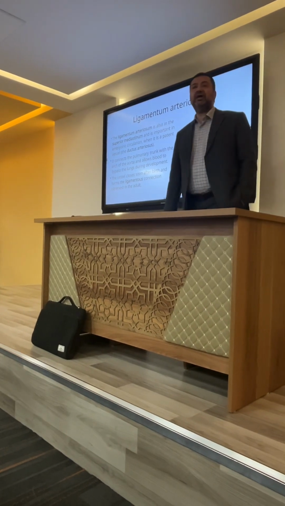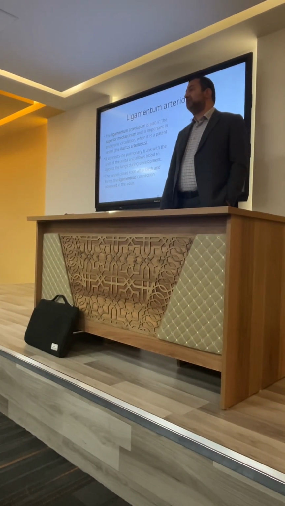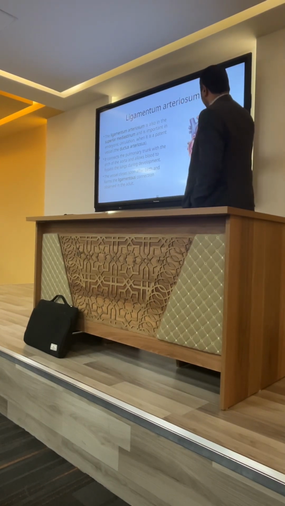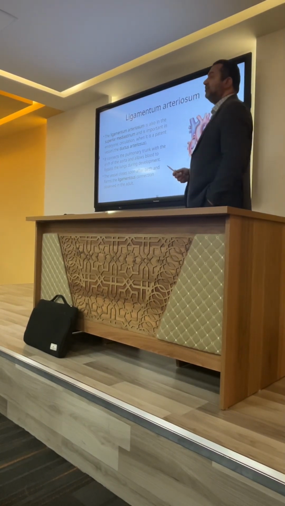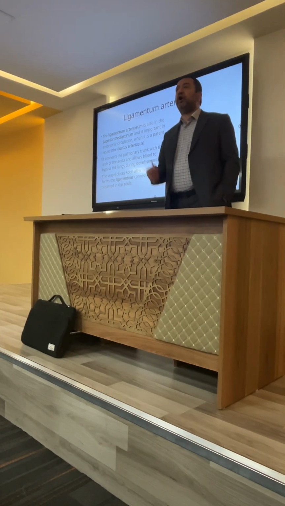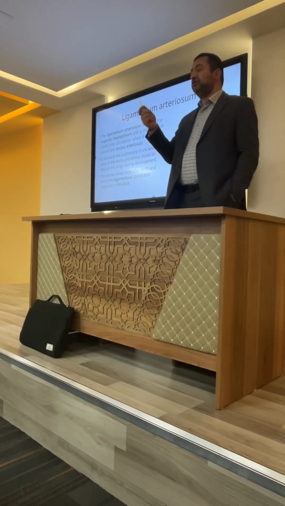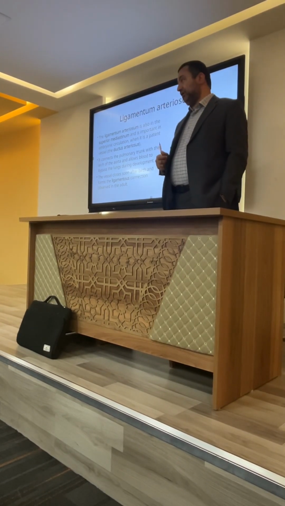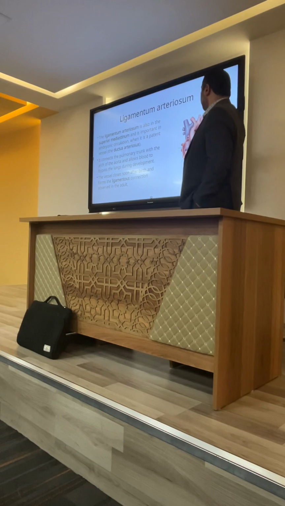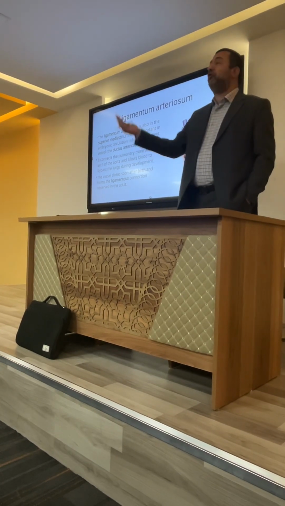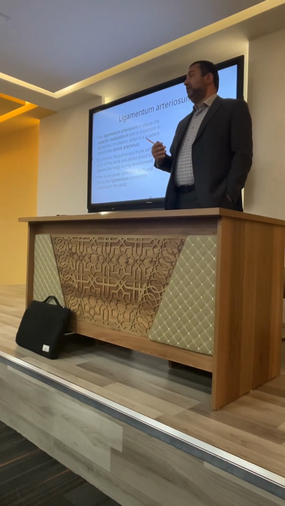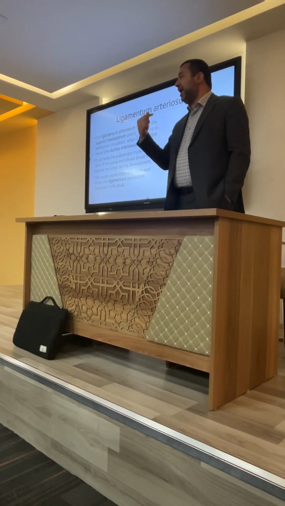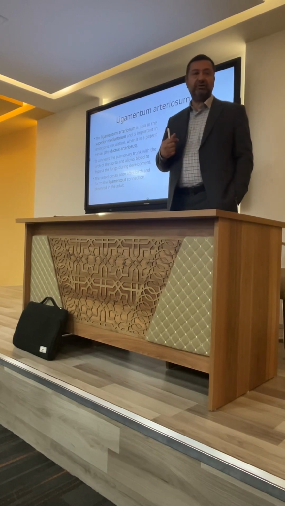Another structure in the superior mediastinum is ligamentum arteriosum. Ligamentum arteriosum is a ligamentous structure between the concavity of arc of aorta and bifurcation of pulmonary artery. In the embryonic period and fetal period before birth, there is a duct between aorta and bifurcation of the pulmonary artery.